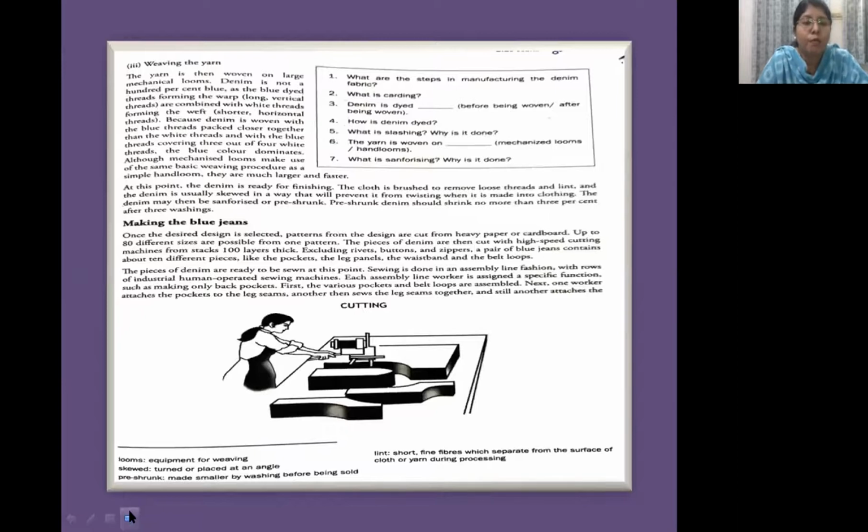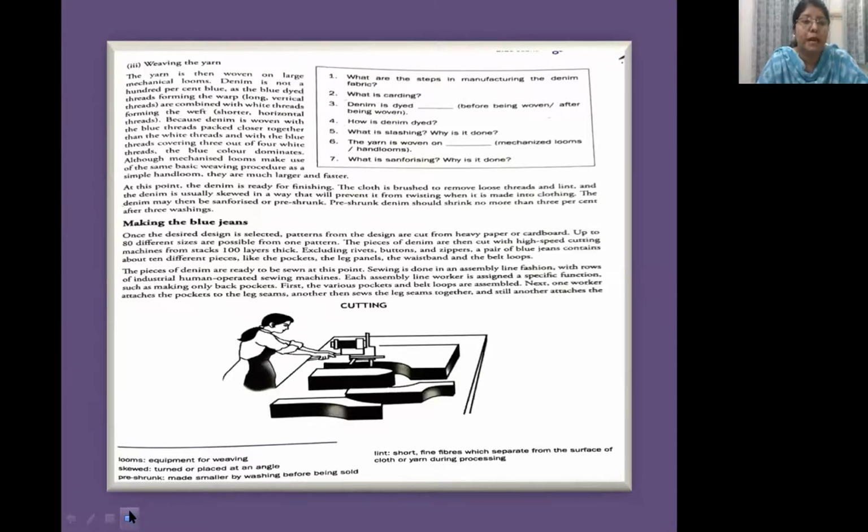The yarn is then woven on large mechanical looms. Denim is not 100% blue, as the blue dyed threads forming the warp, the long vertical threads, are combined with white threads forming the weft. Because denim is woven with the blue threads packed closer together than white threads, with blue threads covering 3 out of 4 white threads, the blue color dominates.